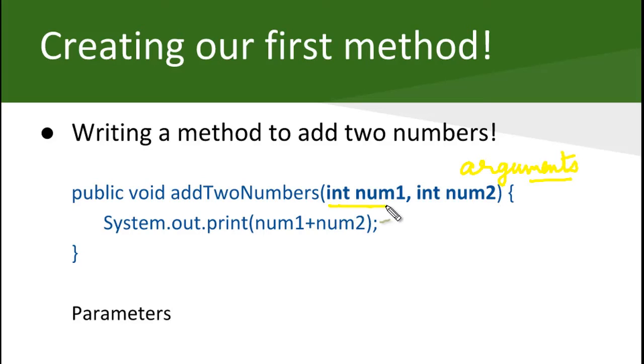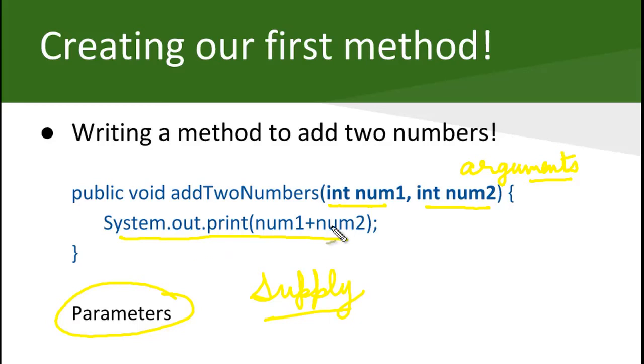This method is taking two numbers, two integers to be precise, num1 and num2. So these are the arguments or the parameters of the method. This is what you have to supply to the method, and it may or may not return something, but it will do something with what you have supplied. So you supplied two numbers and it is printing the sum of those two numbers.